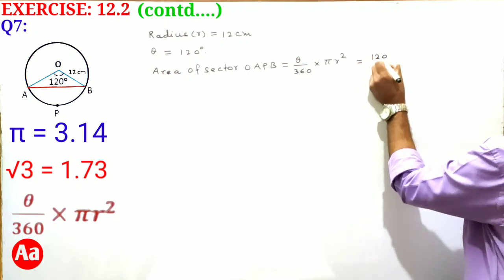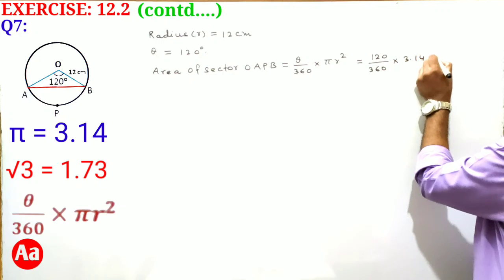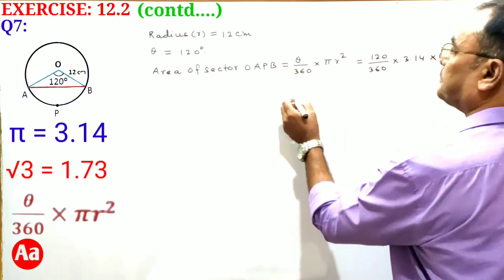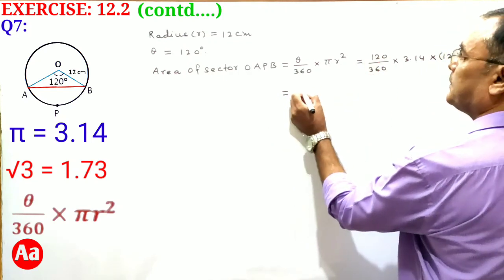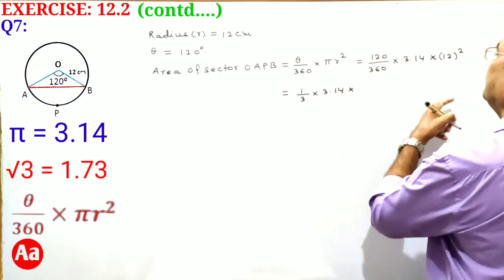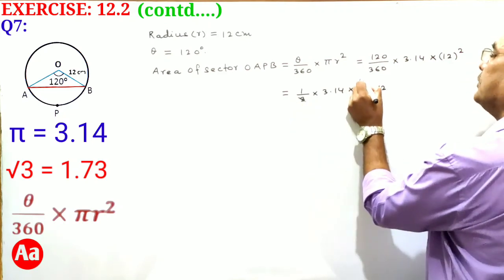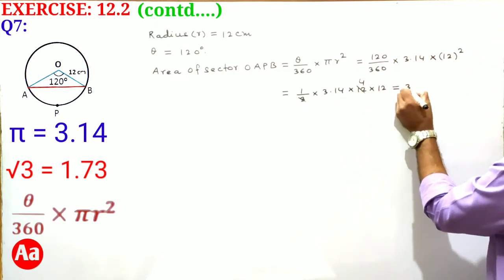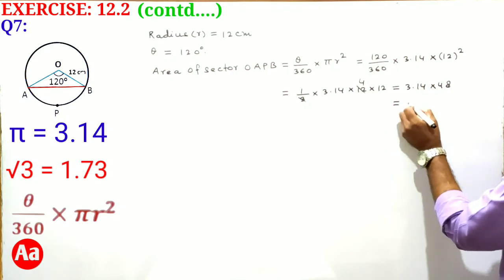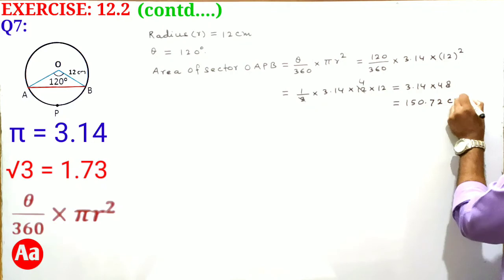Theta 120 degrees by 360 into value of pi, given 3.14, into radius 12 centimeter, so 12 square. 120 by 360 is 1 by 3, into 3.14 into 12 square, let's write 12 into 12. 3 times 12, so 3.14 into 12 into 4, 48, and this is equal to 150.72 centimeter square.